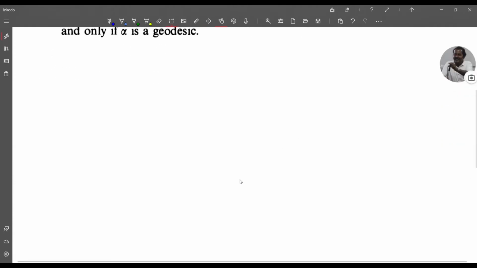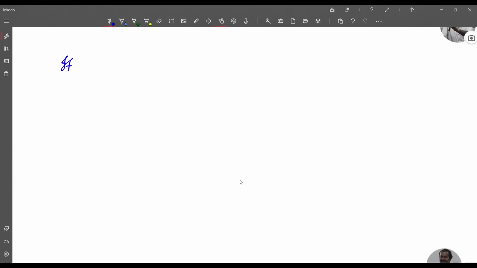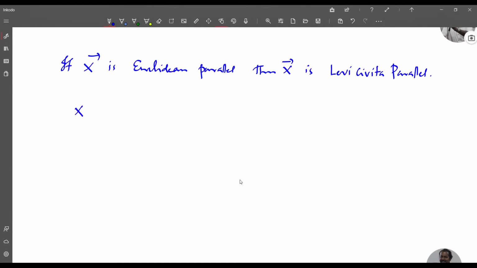Now, if X is Euclidean parallel, then X is Levi-Civita parallel. X Euclidean parallel implies X dot equals 0.